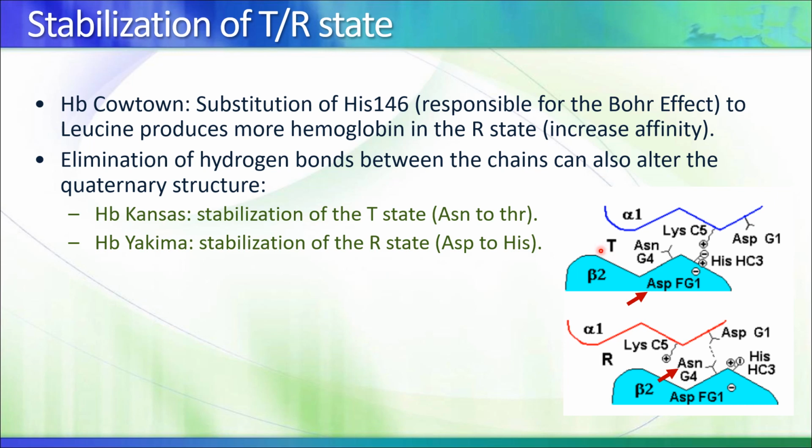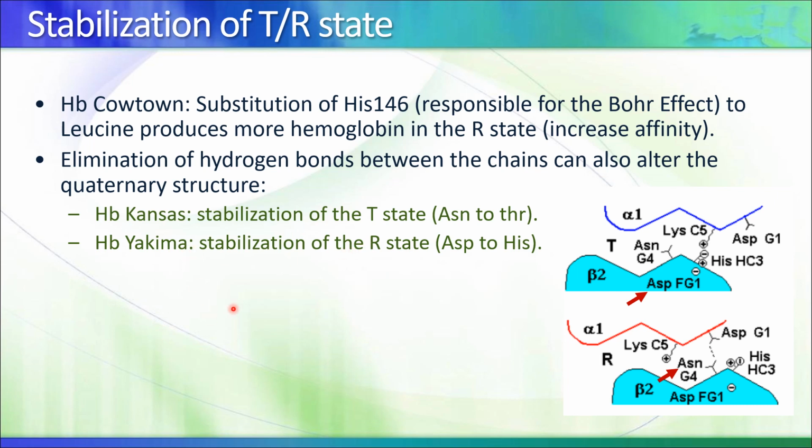Once you have oxygen binding and hemoglobin changes to the R state, you have sliding of the alpha chain, and you have loss of interaction between histidine with aspartate and histidine with lysine. Rather, you have interaction between histidine with aspartate on the alpha chain. So you can have mutations that can stabilize the T state.